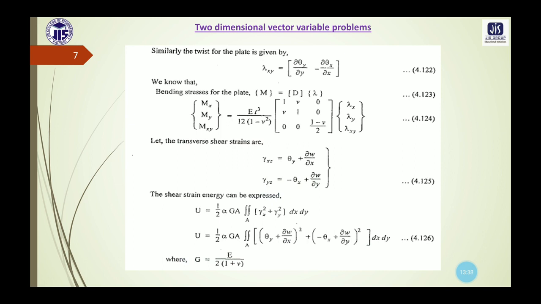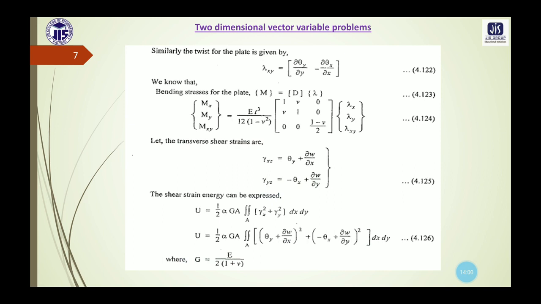So these are the equations for the bending moments, the twist, and the transverse shear strain for the bending of the thick plate. And the shear strain energy can be expressed as U equals half alpha G double integration over area of gamma x square plus gamma y square dx dy.